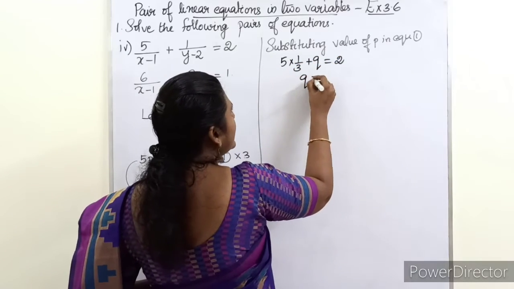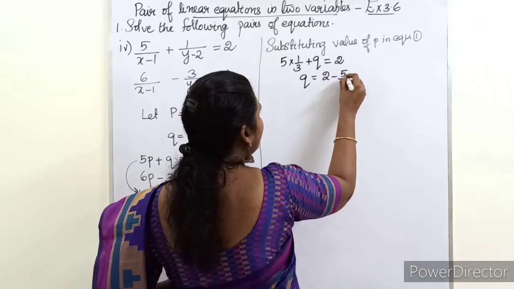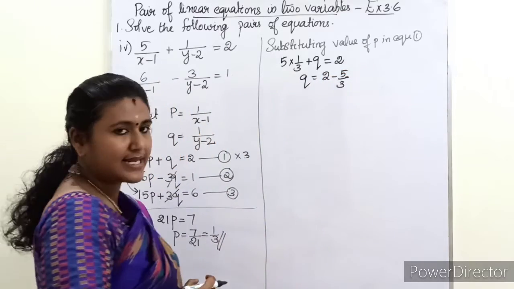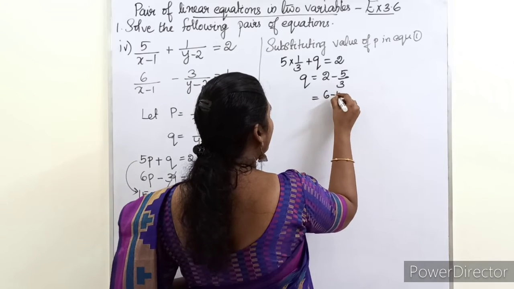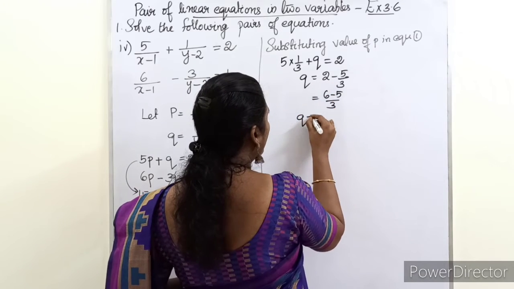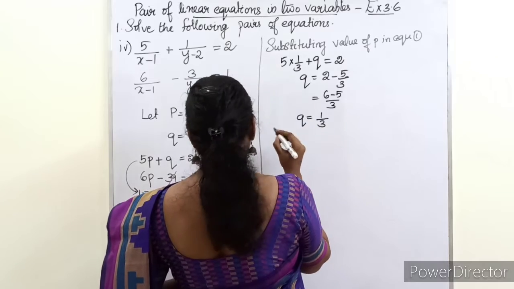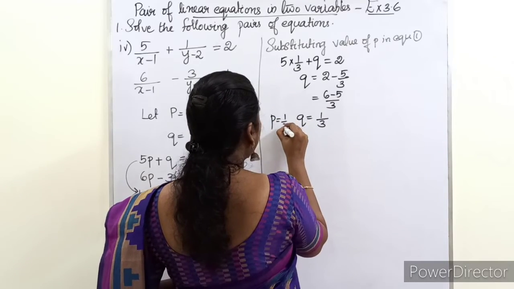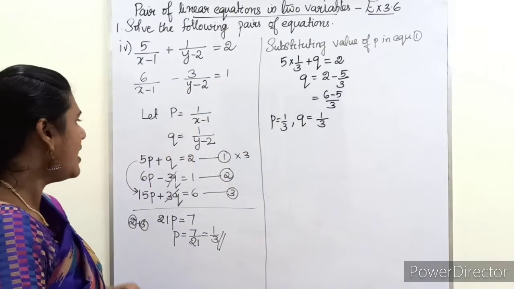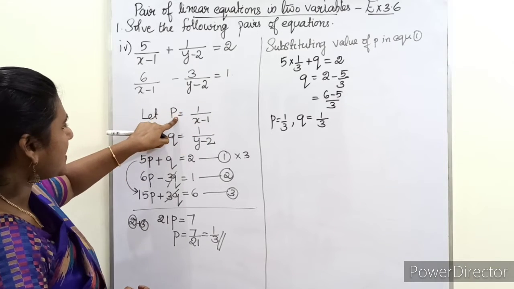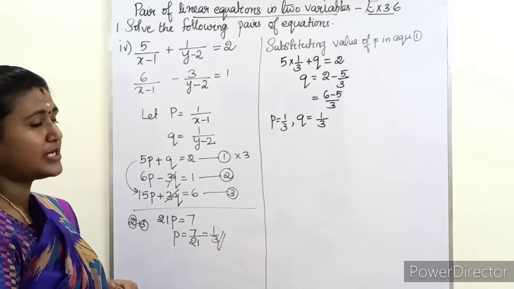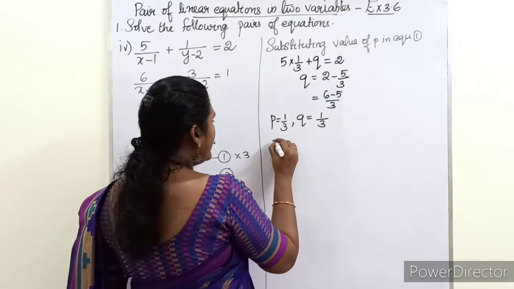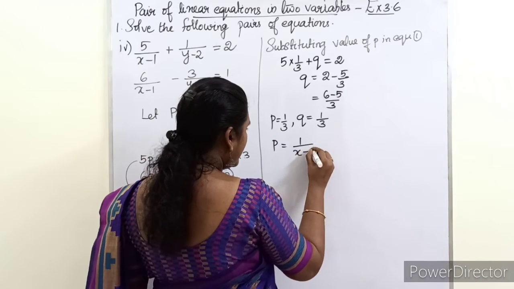So q is equal to 2 minus 5 by 3. We will take 3 as LCM. So 6 minus 5 by 3, that is q is equal to 1 by 3. So we got p is equal to 1 by 3 and q is equal to 1 by 3. Now these values we will substitute in the substitution equations so that we will get the values of x and y. So we know that p is equal to 1 by x minus 1.